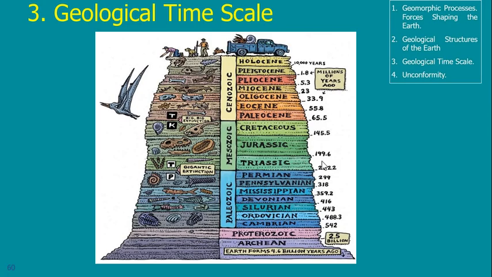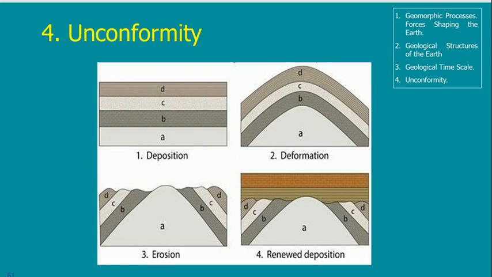This is the geologic time scale that we have just seen before, and this leads us to the unconformity. Unconformity, it first has four periods. The first period is called deposition. This is the normal formation.